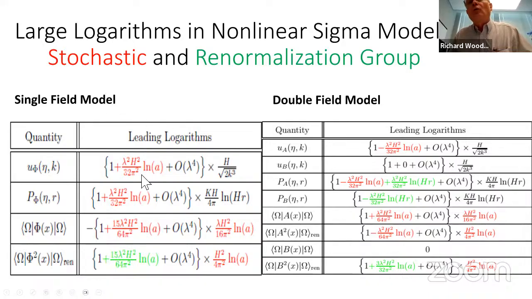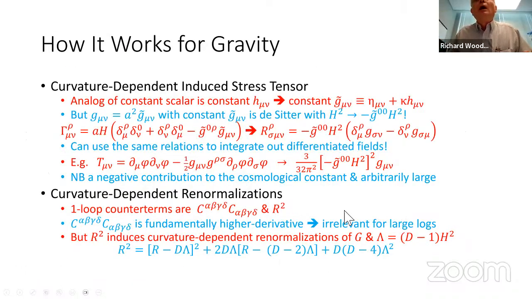The ones which are explained by the stochastic formalism are in red. The ones which are explained by the renormalization group are in green, and all of them are explained. By the way, in the paper with Nick and Shunpei, this one was not explained, but Baran Yazelyurt just explained that one.